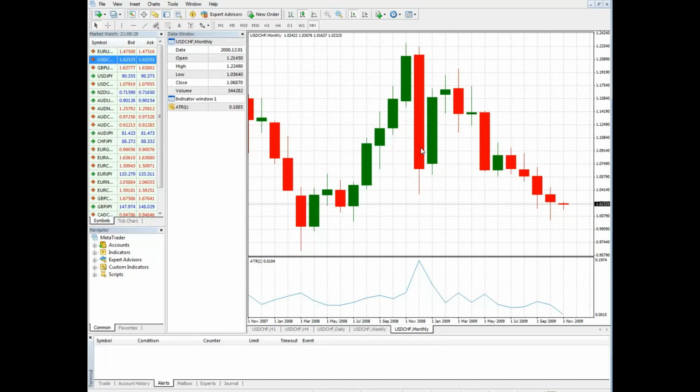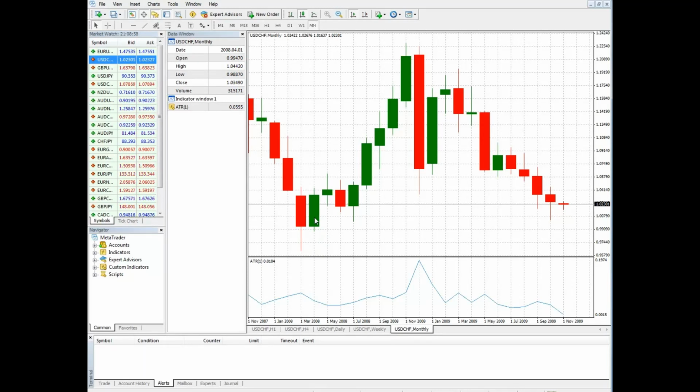See, for instance, this month right here, well, that's almost 2,000 pips. Big move. So you may not want to trade that particular inside bar. So you may look for something smaller. May look for something along these lines. That's still big.